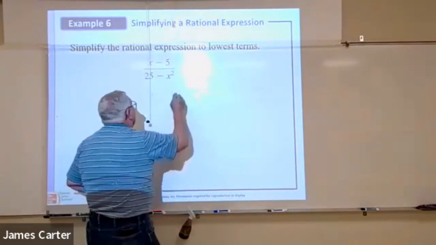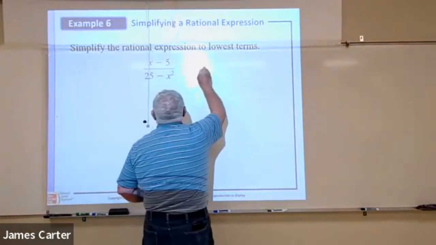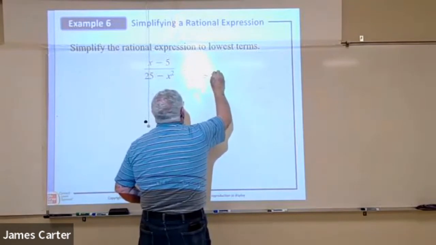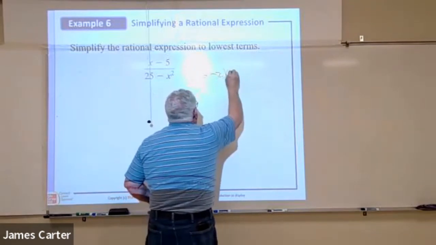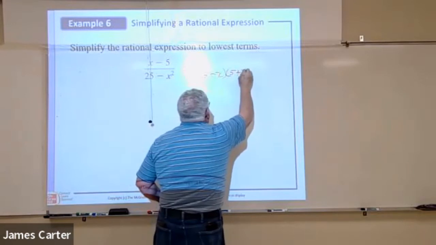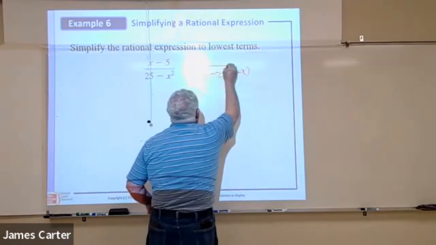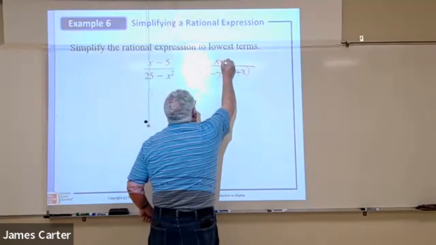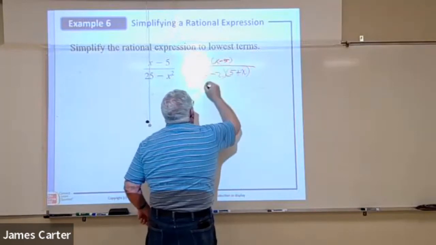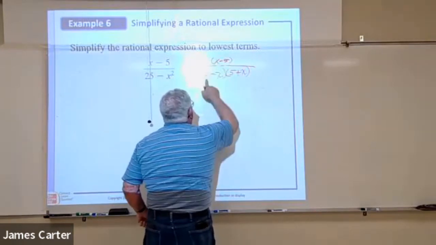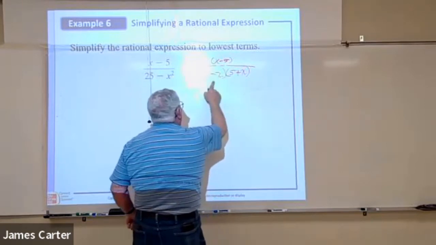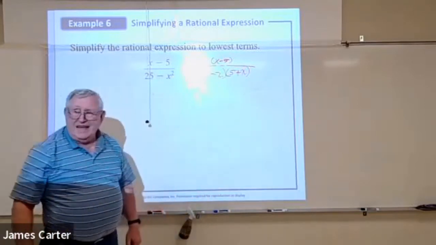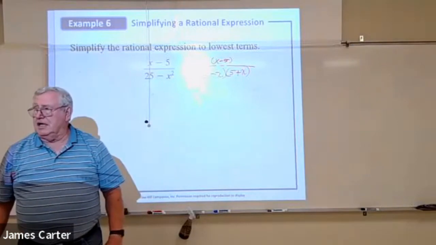This thing still is 5 minus x, 5 plus x. This is just x minus 5. Now, that's not the same as this, so I can't cancel that just like it is.